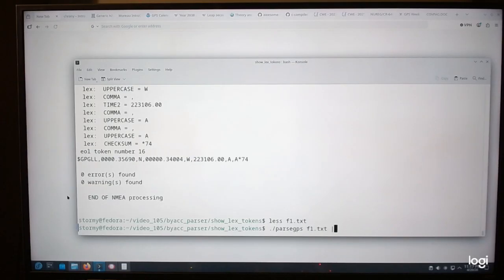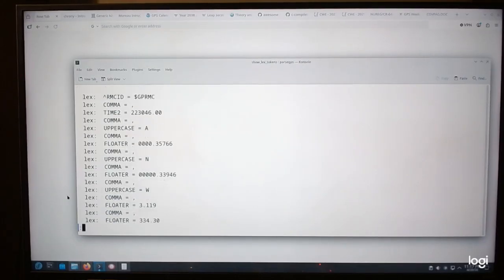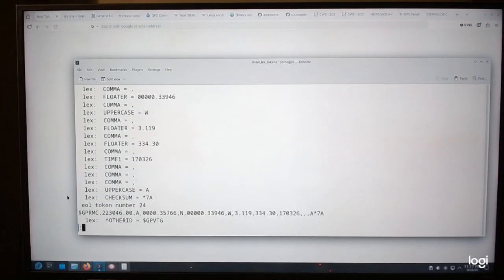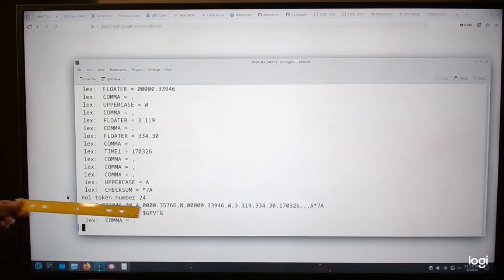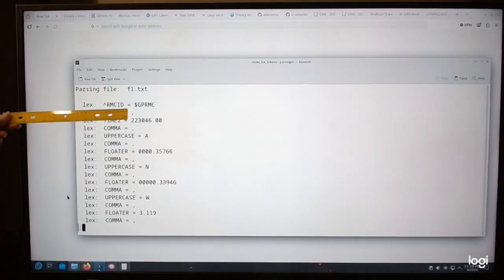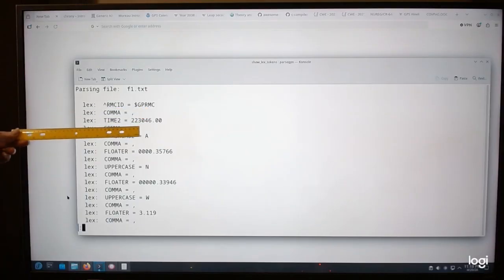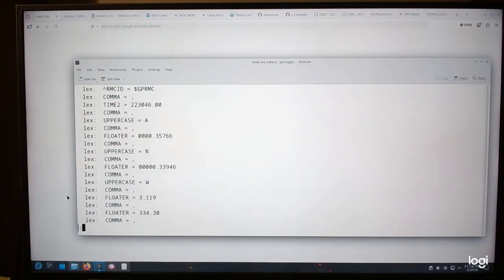So let me get out of this right here, and I'm going to parse that. Let me pipe that into less, to show you what I'm talking about here. Okay, here's the sentence that I'm parsing right here, that this Lex is looking at, and see right here, the token. Then it sees a comma, and then the time, another comma, uppercase.